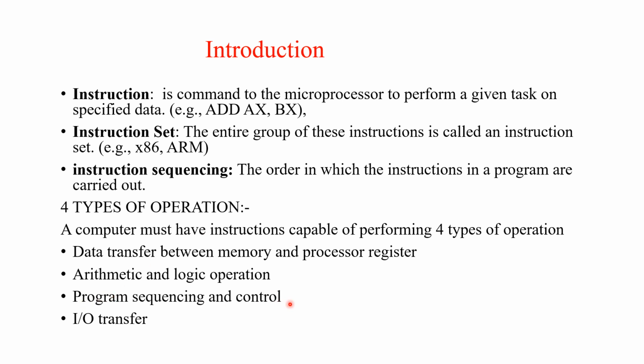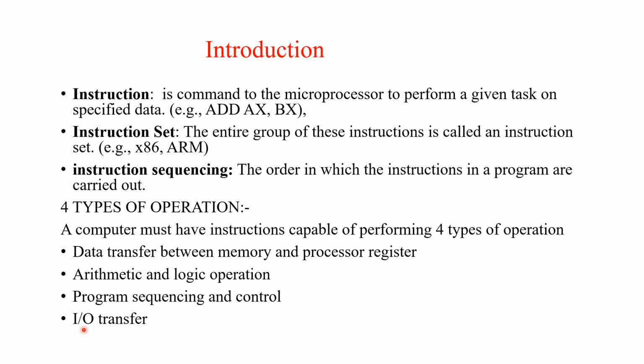Program sequencing and control: control flow instructions like jump, call, and return alter the normal sequence of instruction execution. Conditional instructions also enable decision making in programs.